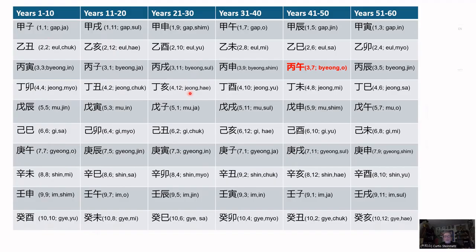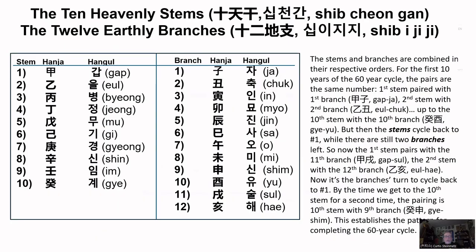By the time you go around 60 times, the next pair after this is Gap and Ja. What's happened is that you could potentially have 120 combinations of 10 heavenly stems and 12 earthly branches. But, I'm almost done with this, and we'll come back and look at this again, because at least I can't just get this the first time I look at it.